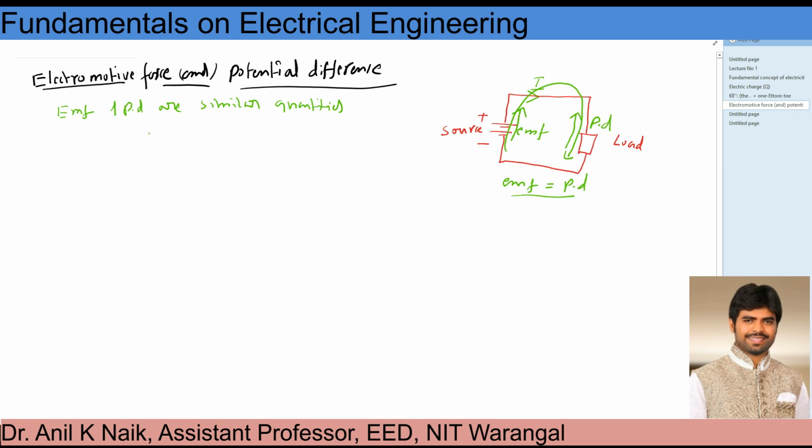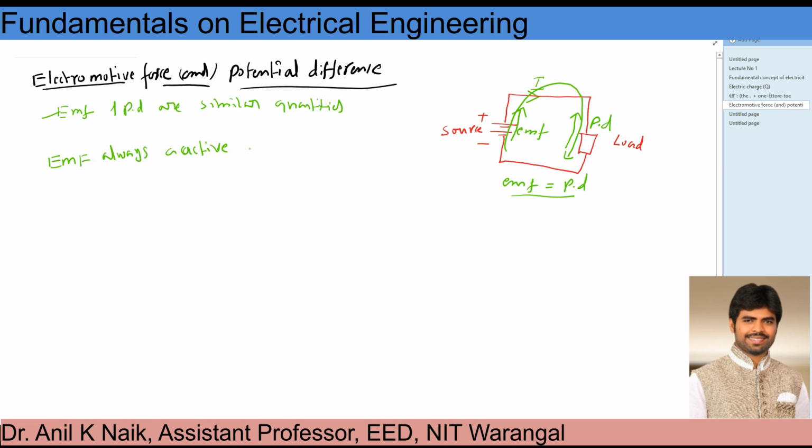That is the meaning of this statement. If my total energy is transferring from the EMF to that load, then my potential difference is equal to the EMF. The basic difference between electromotive force and potential difference is that the electromotive force is always an active source.